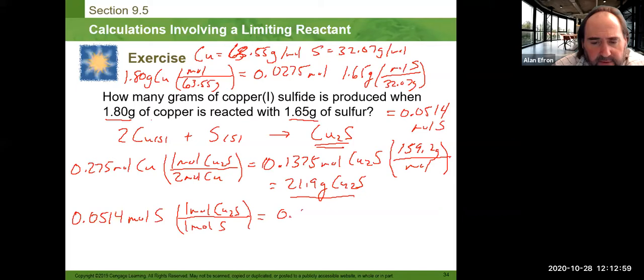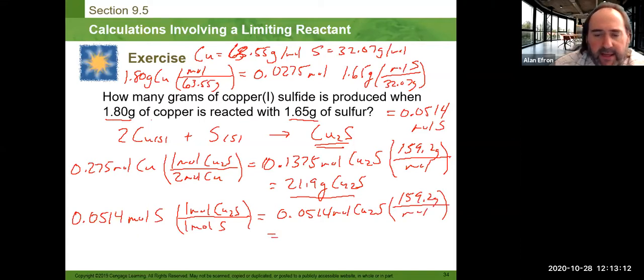That's going to give us 0.0514 moles of Cu2S. We're then going to multiply it by the molar mass there, 0.0514 times 159.2, about 8.18 grams.